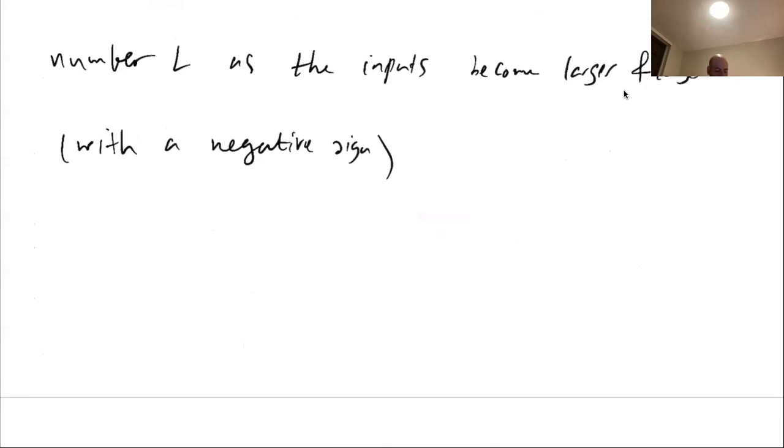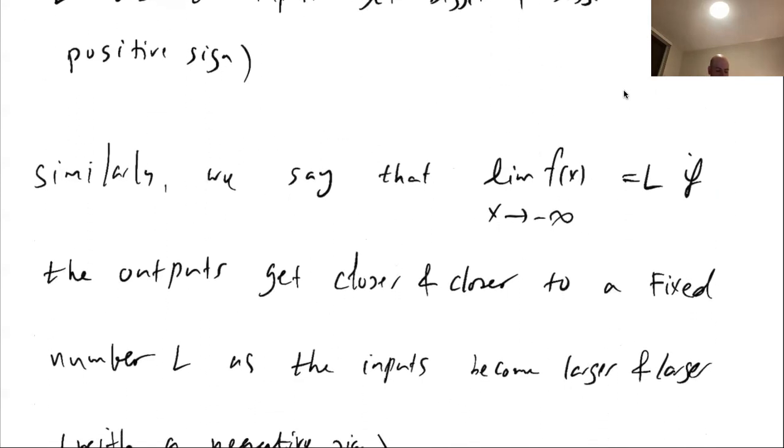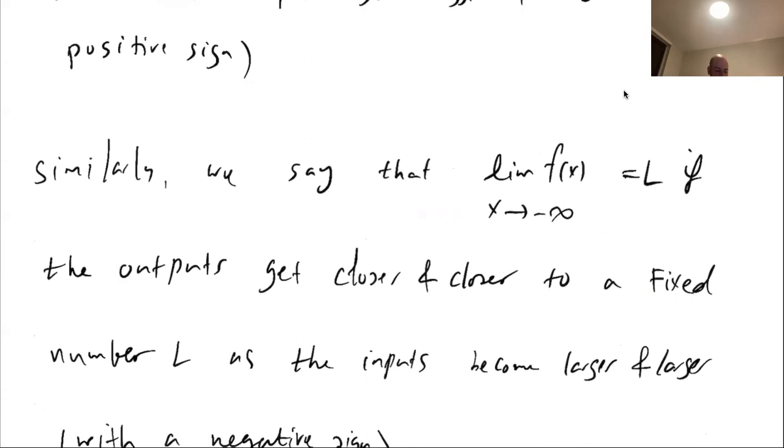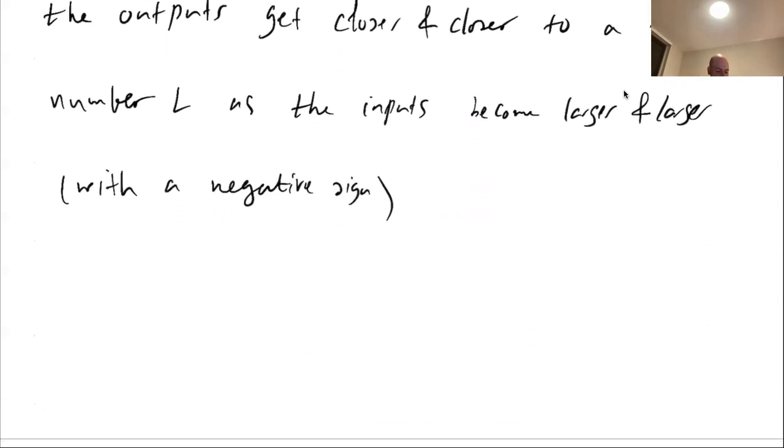Okay, and in either case, whether the limit at infinity is L or the limit at minus infinity is L, we say that y equals L is a horizontal asymptote.